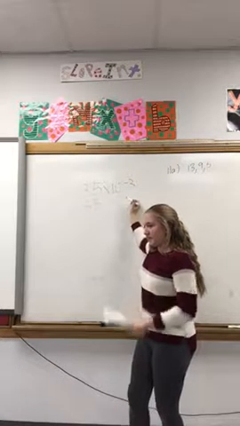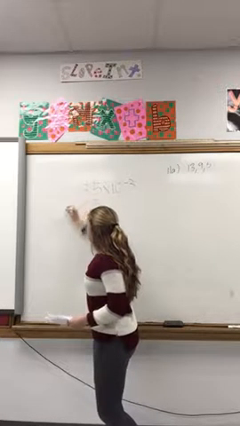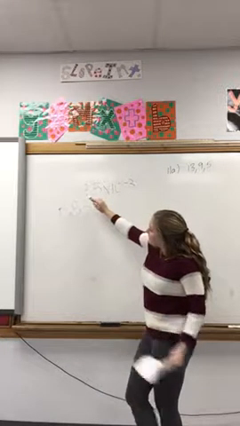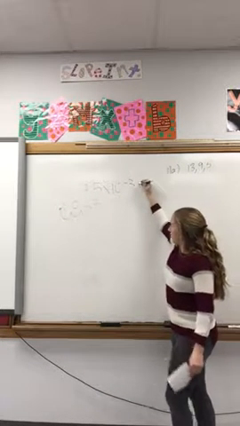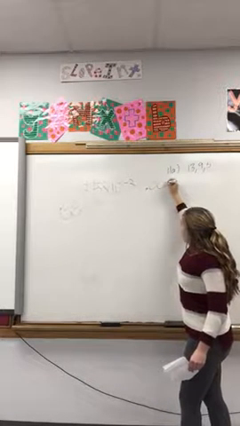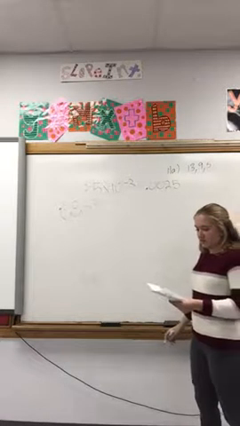So you have to go 3 to the left, and then fill it in with zeros, and put the decimal here. So this 2.5 times 10 to the 3rd would equal 25,000.